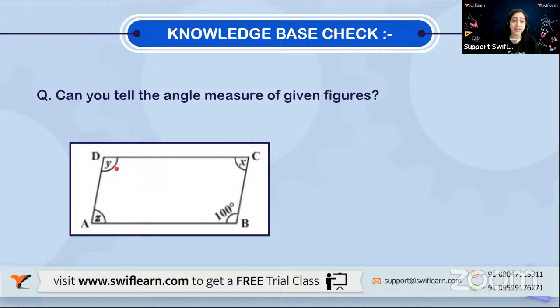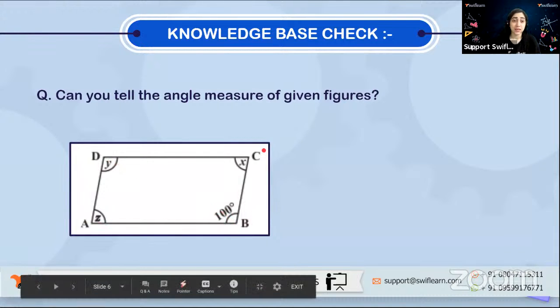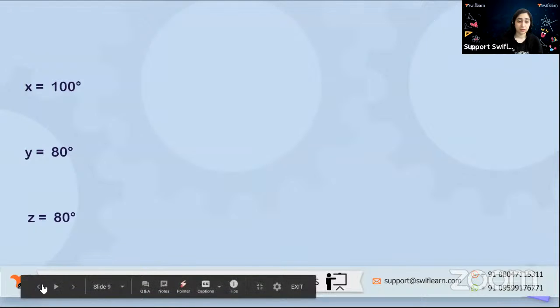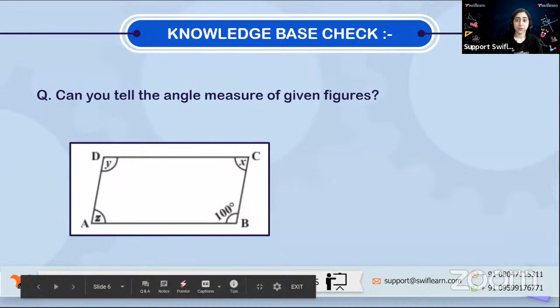Yes, see, the angle Y is just opposite angle B, right? Angle ABC is equal to angle ADC. Am I right for that? Here we go.